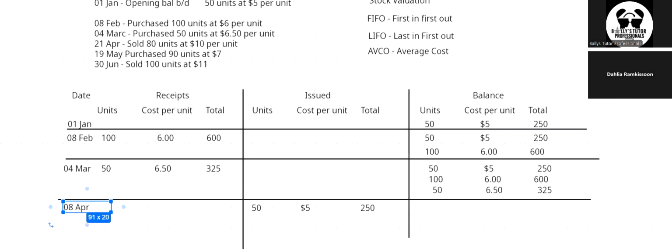So how much more do I need? Basically 30, right? That 30 will come from the second set of goods. Which one was the second set of goods? 100. At how much per unit?